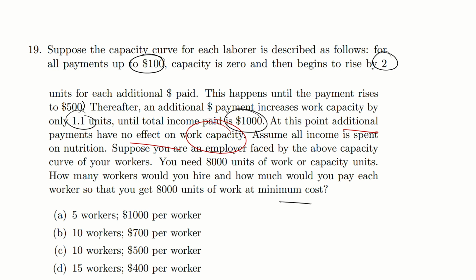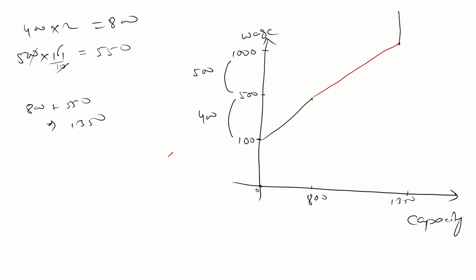Guys, suppose you take option C. There are 10 workers and each worker gets 500.